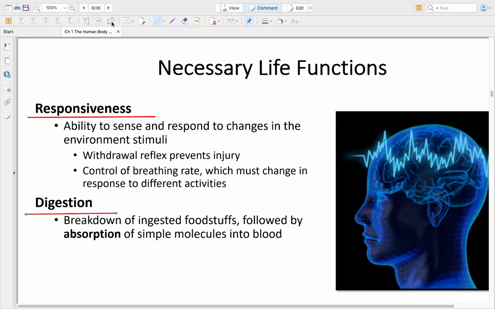All right, I'll give you a quick example. Not only does it need to be broken down, it needs to be absorbed. So let's say you eat a sandwich, okay? What does a sandwich have? It has bread. Let's say it has cheese. And it has meat, okay? Your digestive system needs to break that bread down into carbs.